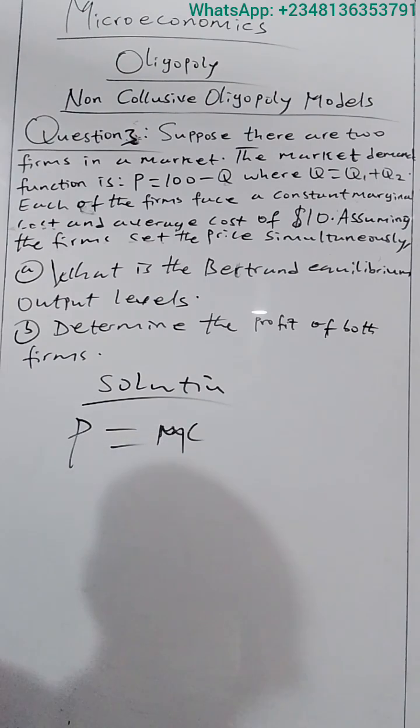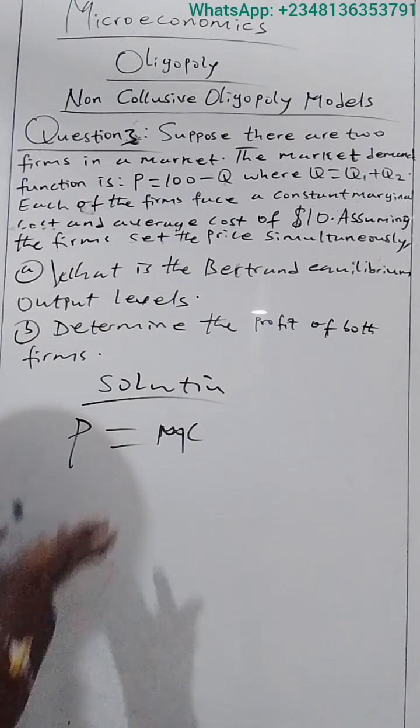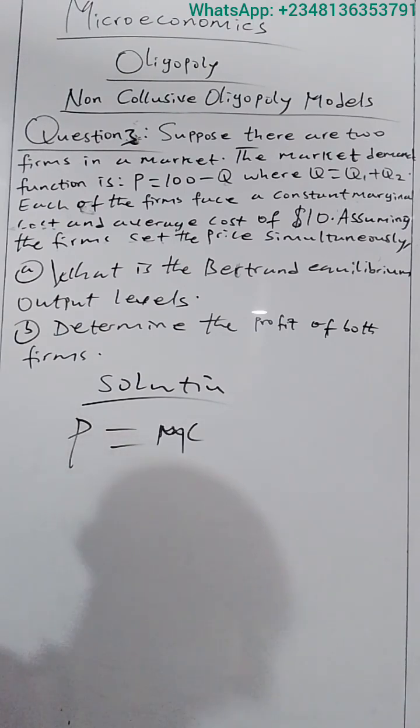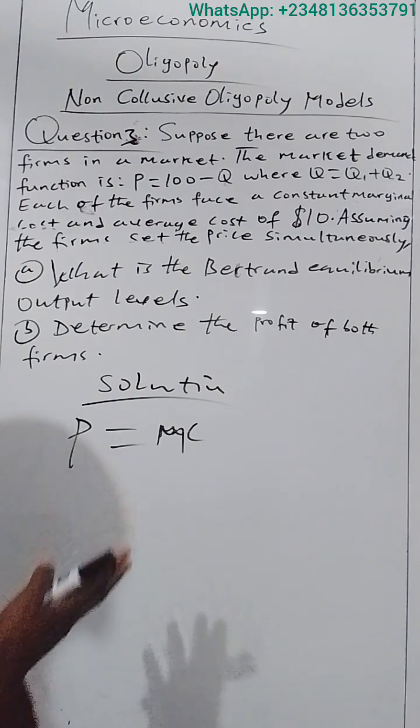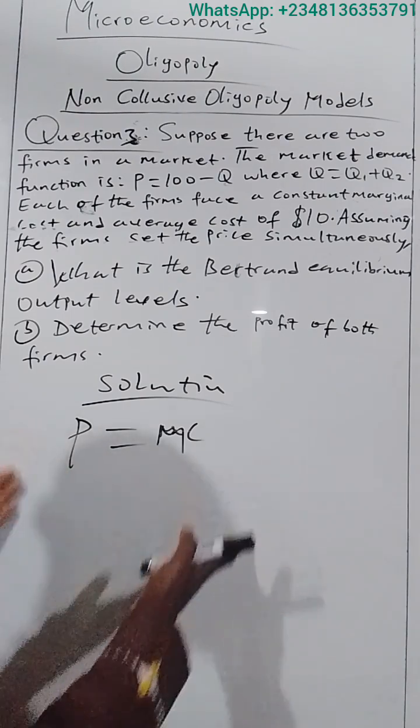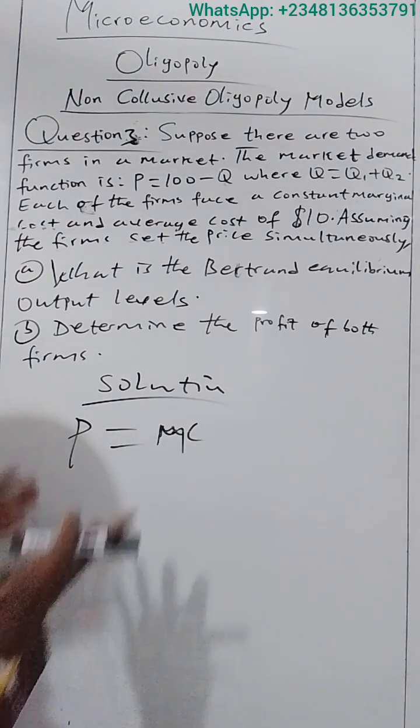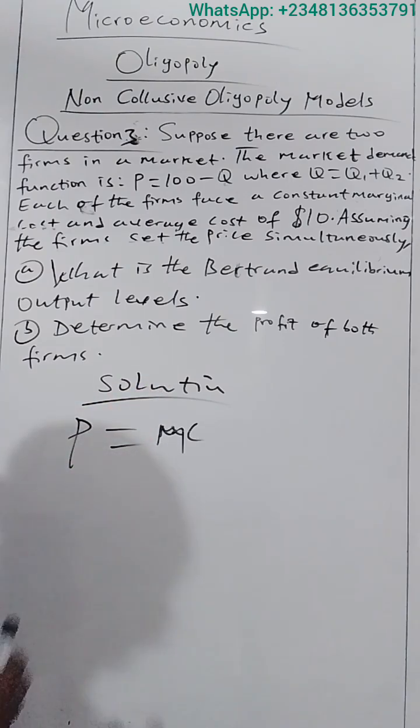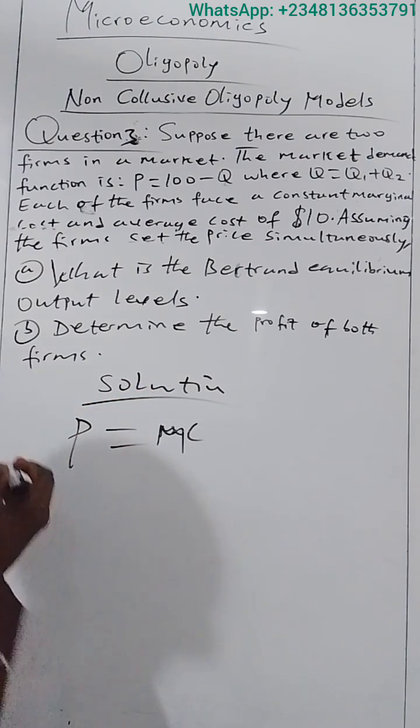Each of the firms is going to use the condition to determine the equilibrium level of output. Likewise, the market is going to use the same condition to determine the equilibrium level of output. What we are going to do is find the equilibrium in the market and share the output among the firms. So let's do it. Don't forget, this is the condition we are going to use.